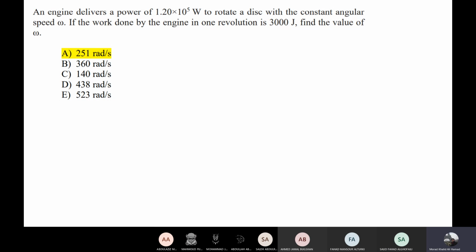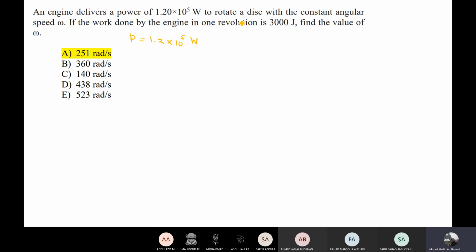Here similarly, average power will be work over delta T, or instead of F we put torque and instead of V we put omega. So power is equal to tau omega. Okay, let's say an engine delivers power. Here we have power equal to 1.2 times 10 to the power 5 watt.